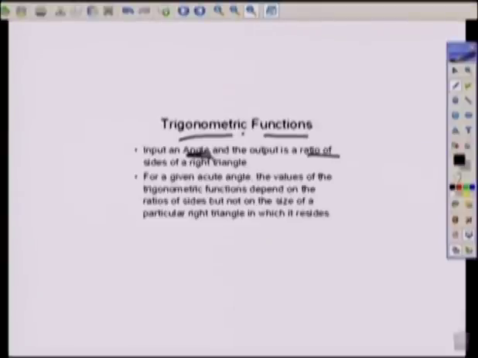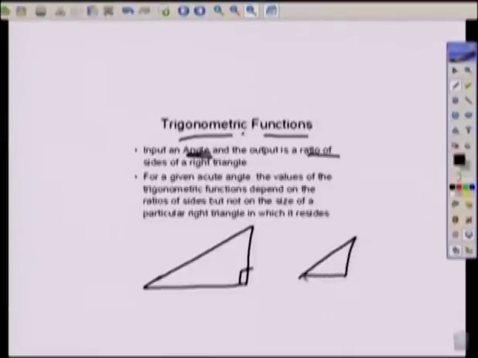For a given acute angle, the values of the trigonometric functions depend on the ratio of sides, but not on the size of the particular right triangle in which it resides. For example, if I were to take two triangles, and in this triangle I had 5, 12, and 13, which is one of our common Pythagorean triples.